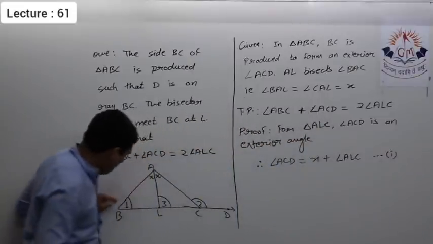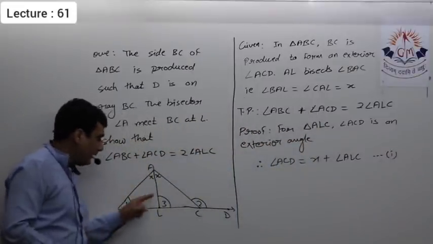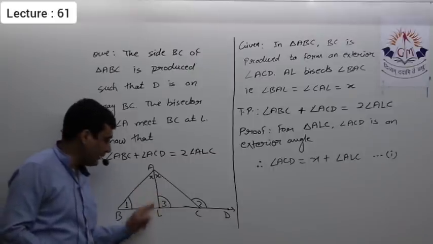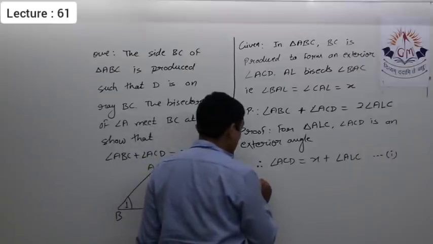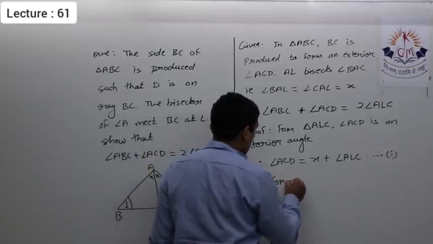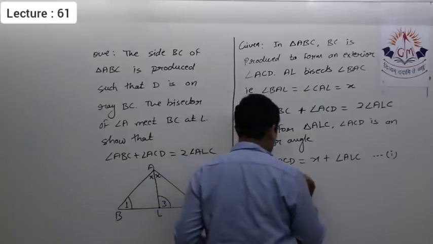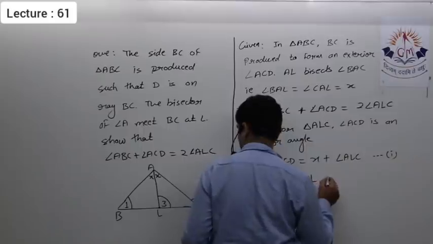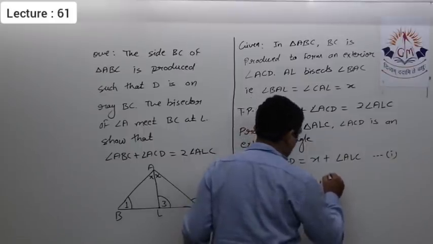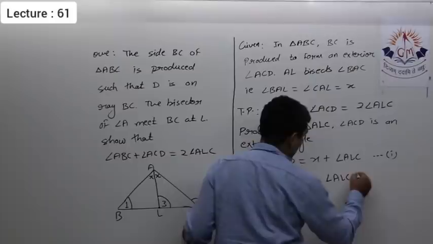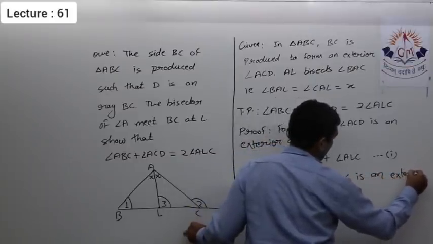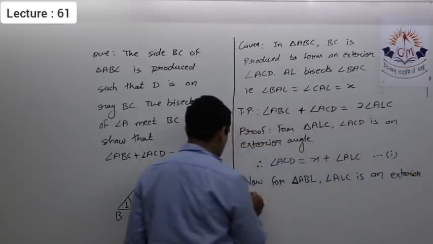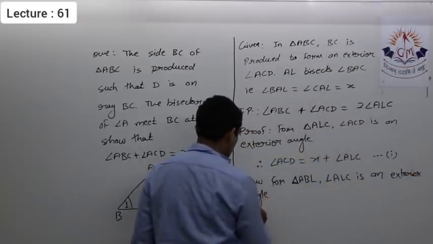Now again for triangle ABL, this angle 3 is an exterior angle. That means ALC is an exterior angle. So for triangle ABL, angle ALC is an exterior angle.